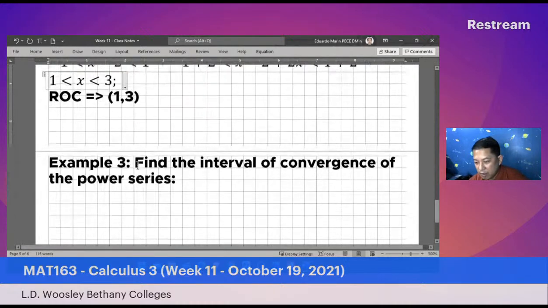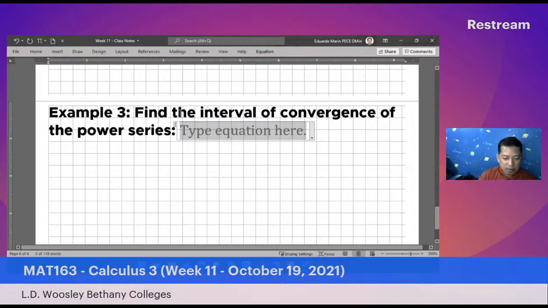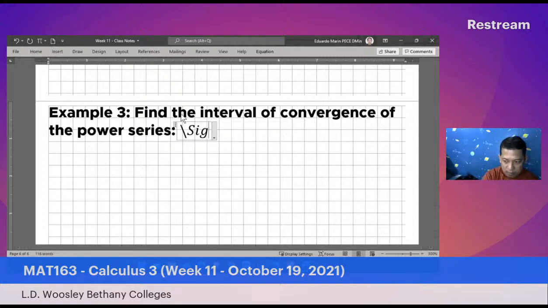Okay, let's move on. Find the interval of convergence. So, ito yung given series. Okay, sigma.